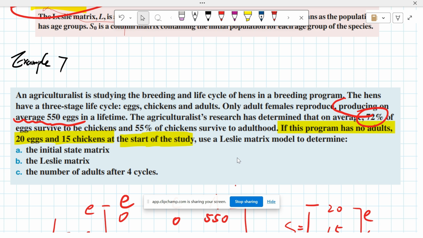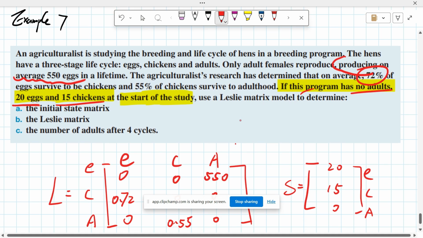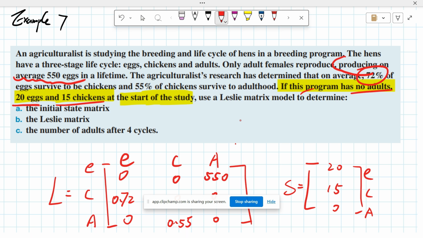Start with the initial state. You have no adults, 20 eggs, and 15 chickens. So eggs will be 20, chickens will be 15, and no adults.